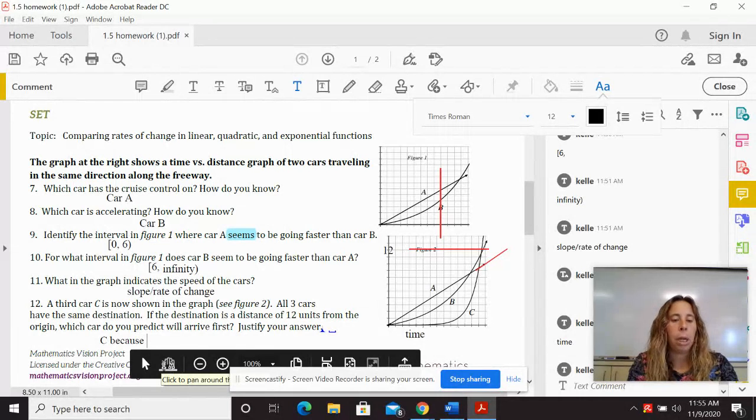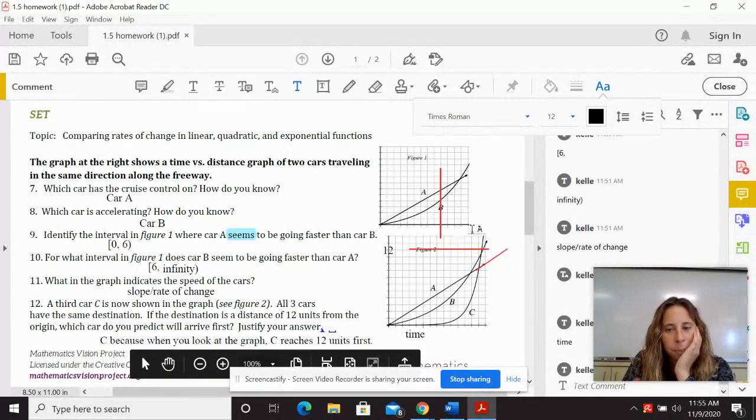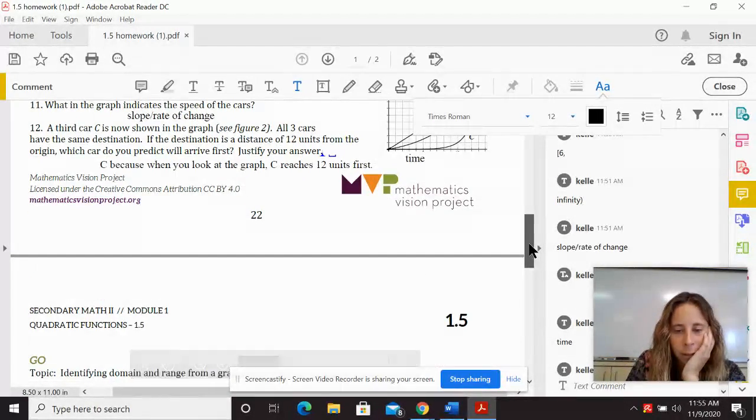Because you can look at the graph. Because when you look at the graph, C reaches 12 units per. Okay. Whew, that was a pain.